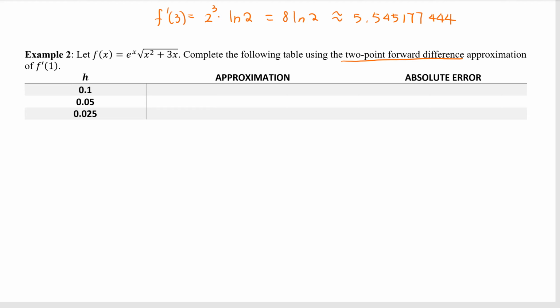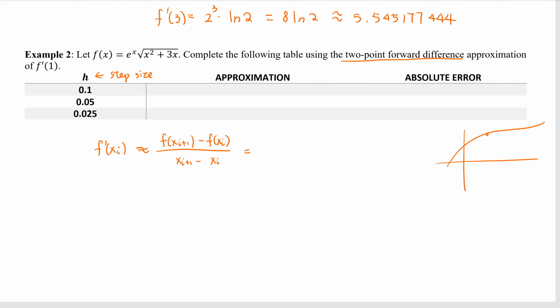Well, it means that f prime of xi is approximated by f of xi plus 1 minus f of xi over xi plus 1 minus xi. But in this case, h is the step size. So let's say we have a point here.